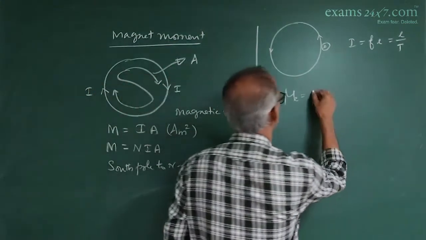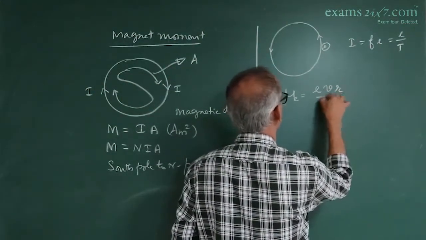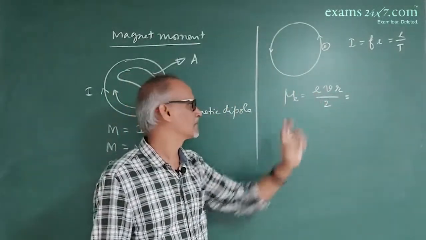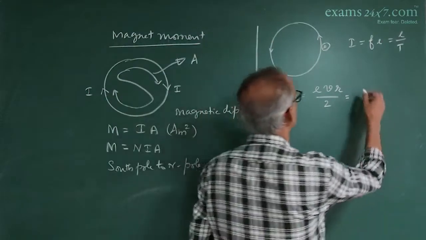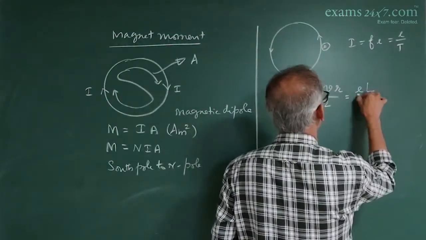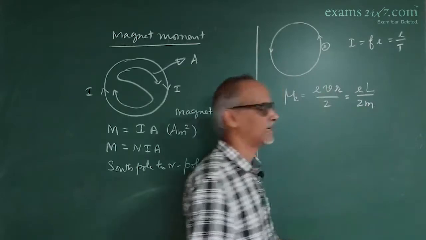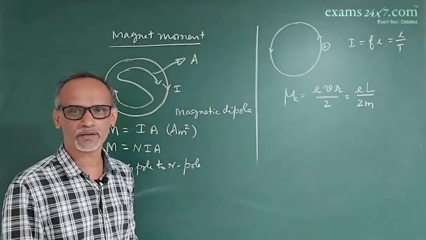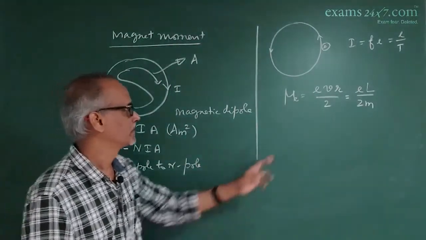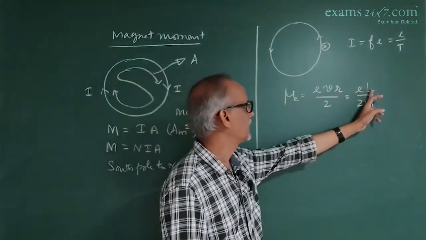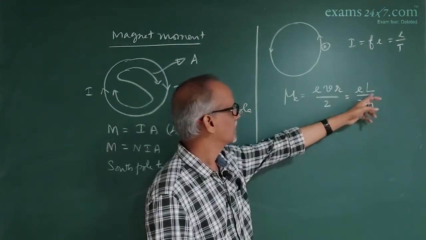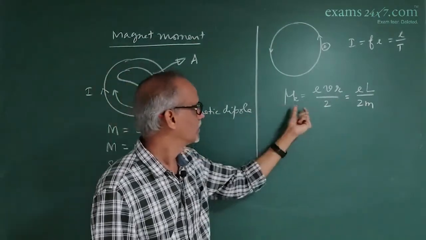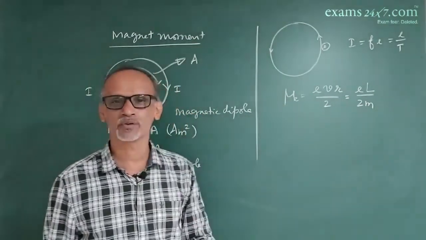It is given by e v r by 2: charge of the electron, orbital velocity, radius of the orbit. That is also equal to e L by 2m, where L is the angular momentum of the electron and m is the mass of the electron. So that is exclusively an equation to find the magnetic moment of an electron only.